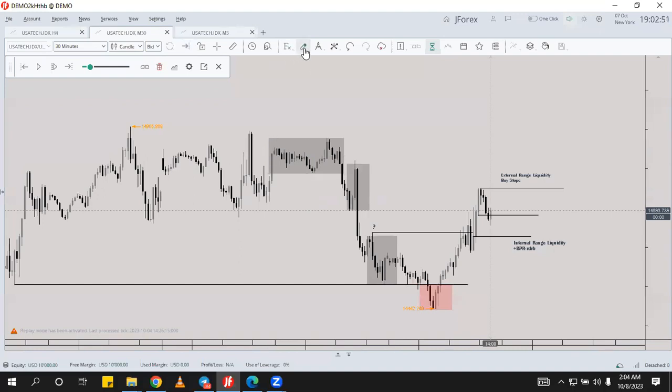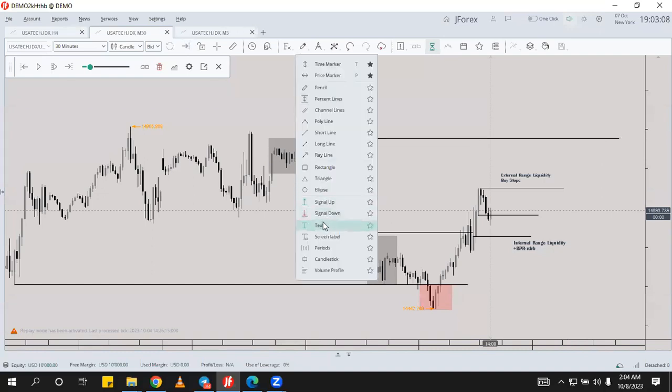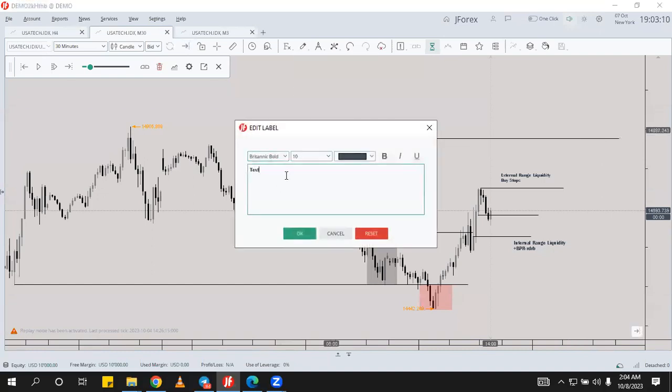Now, meaning at our original consolidation, we have what we call liquidity resting right above it, right? And those are what we call buy stops.